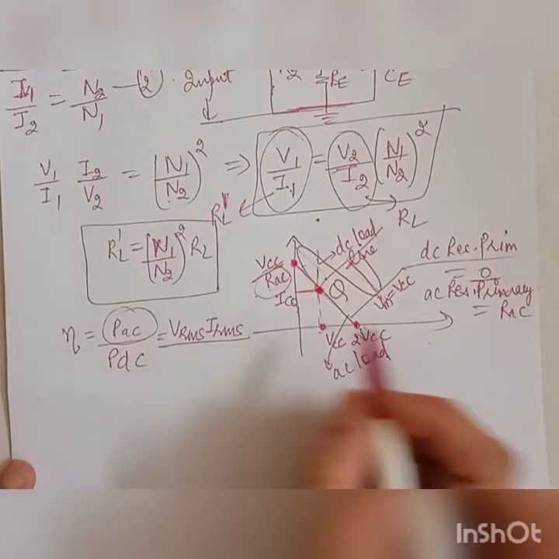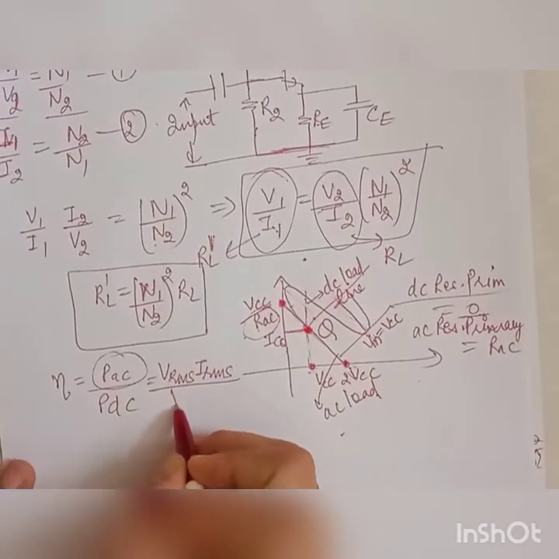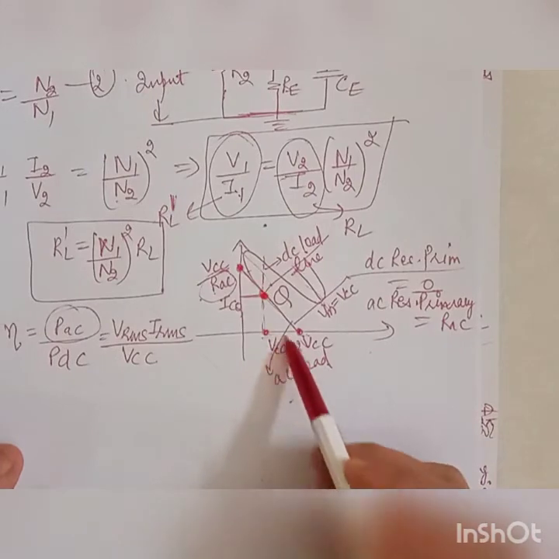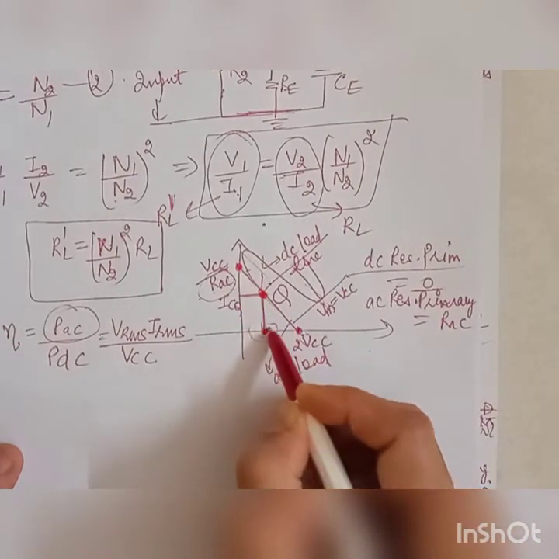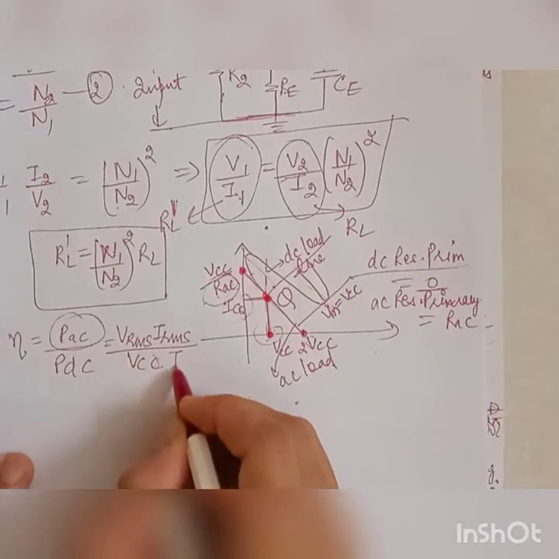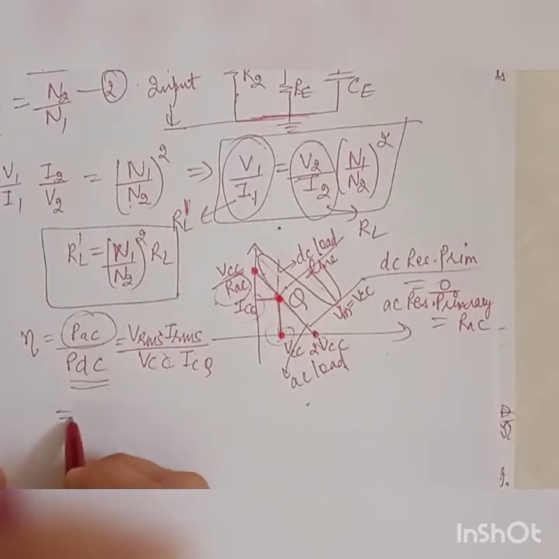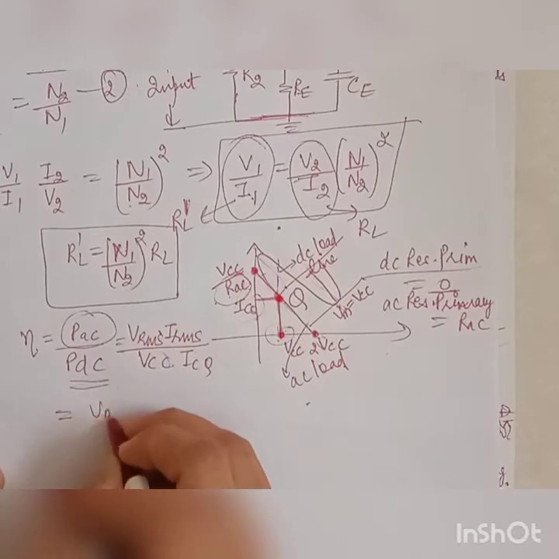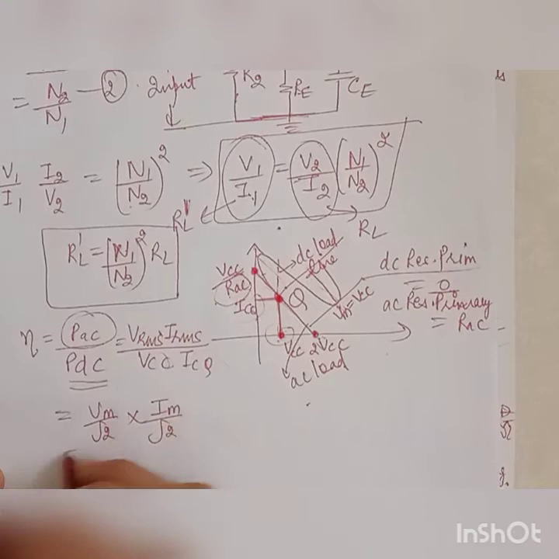In this case your supply voltage is VCC, and the Q point is nothing but this one, where your coordinate is VCC comma ICQ. So VCC comma ICQ gives me the value of PDC. Now in place of VRMS I will substitute Vm by root 2, where Vm is the maximum value, and Im by root 2, the maximum value by root 2.